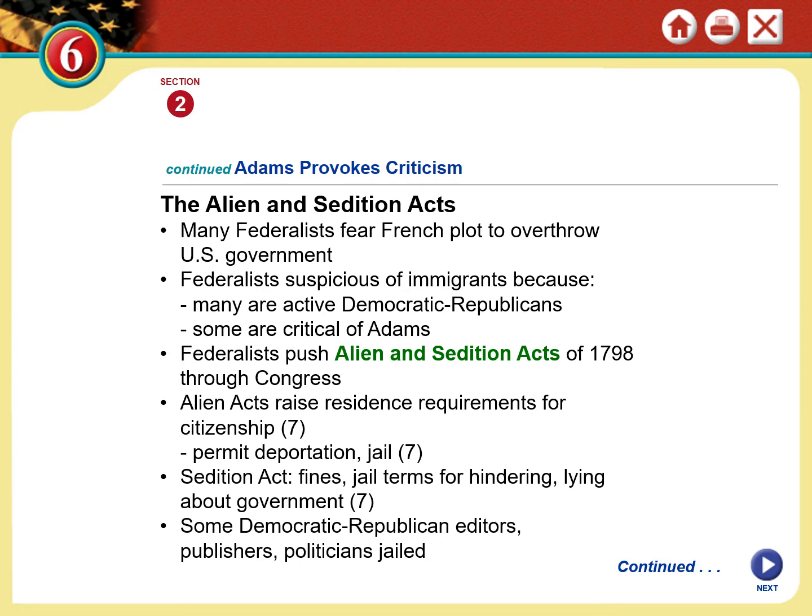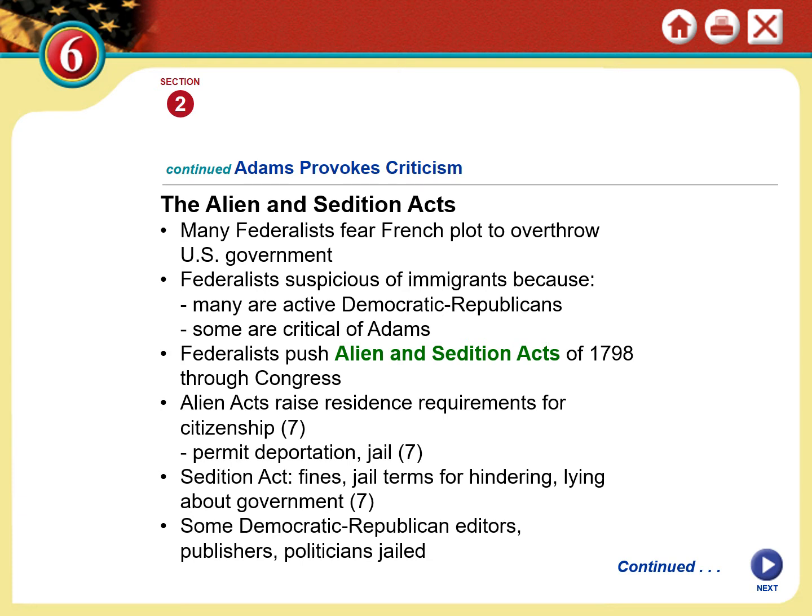And Federalists were suspicious of many immigrants coming into our country because many of these immigrants became involved with the Democratic Republican Party. And some of them were outspoken critics of the Federalist system. There were French immigrants coming into our country during this undeclared war with France.